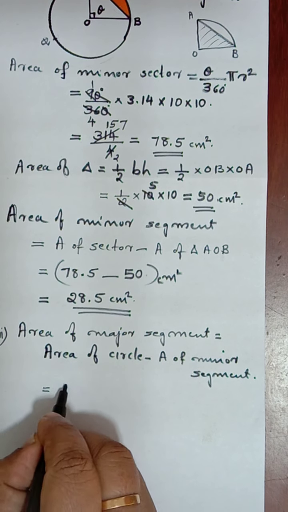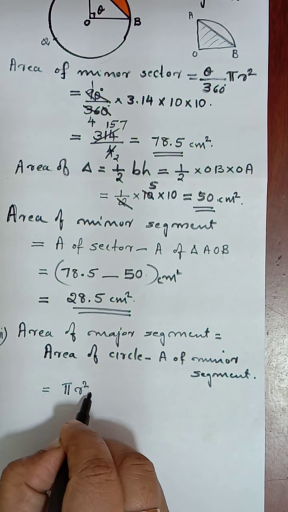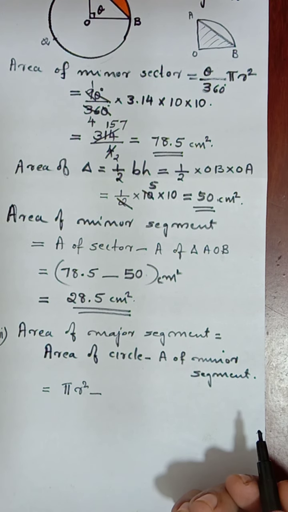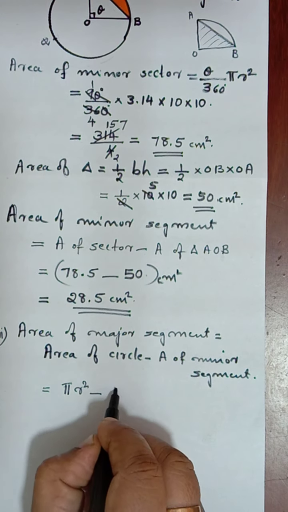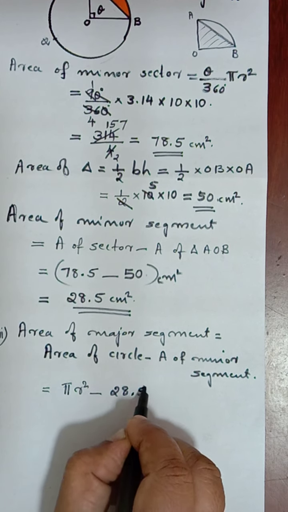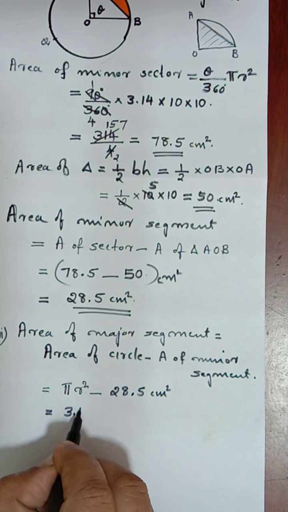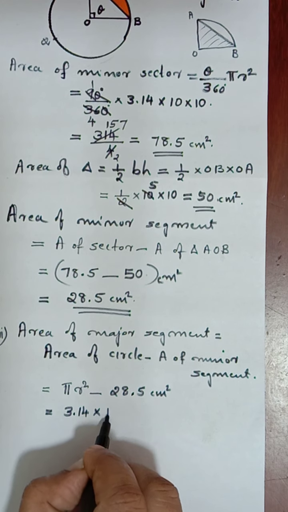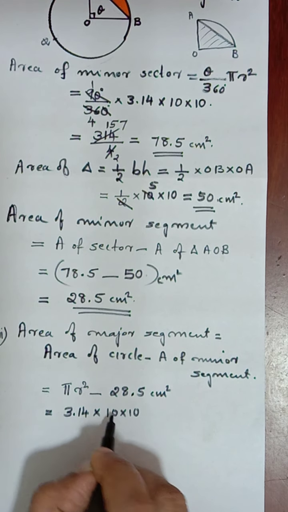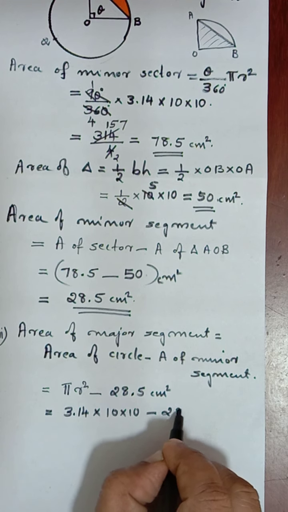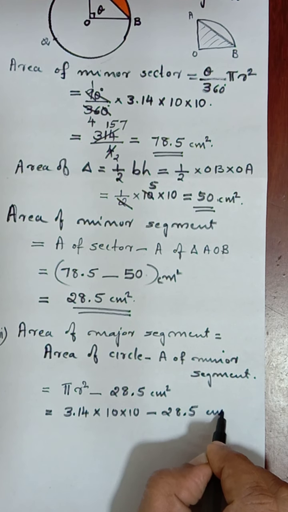Isn't it equal to pi r square, minus area of minor segment? Already we have found out it is 28.5 cm square. Pi value as they have given, we have to take 3.14 into radius 10 into 10 minus 28.5 cm square.